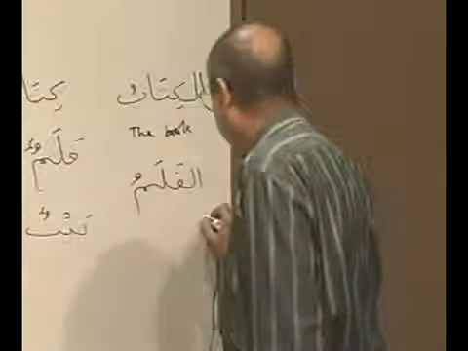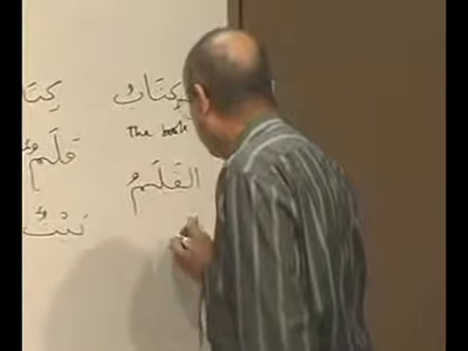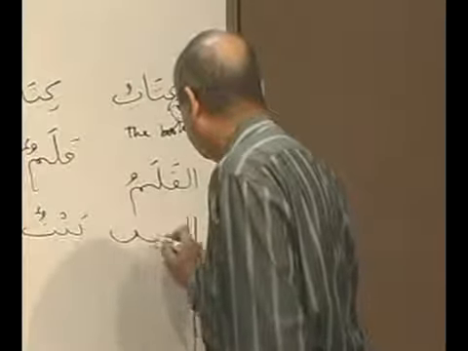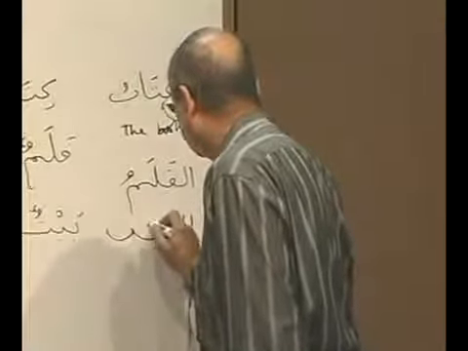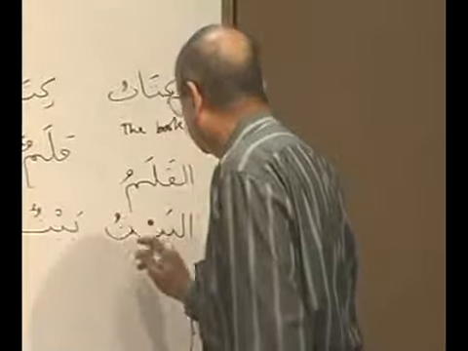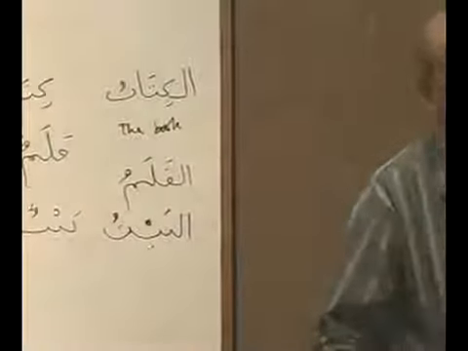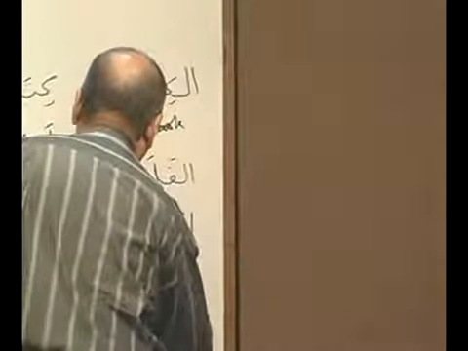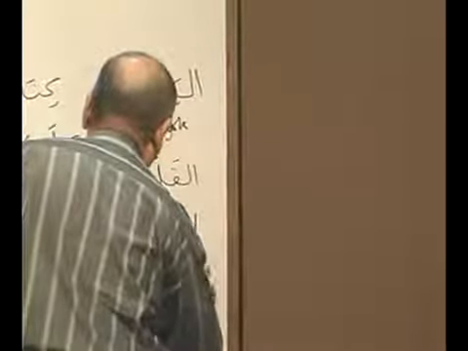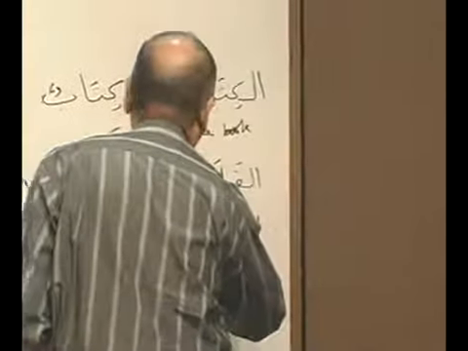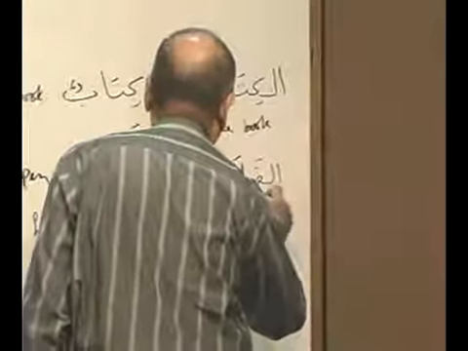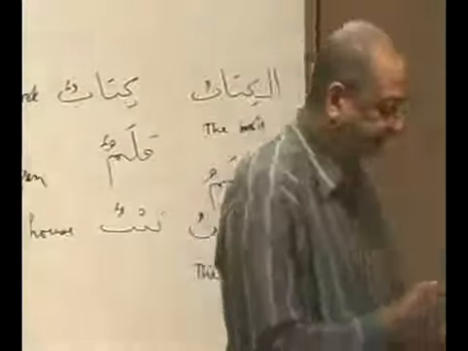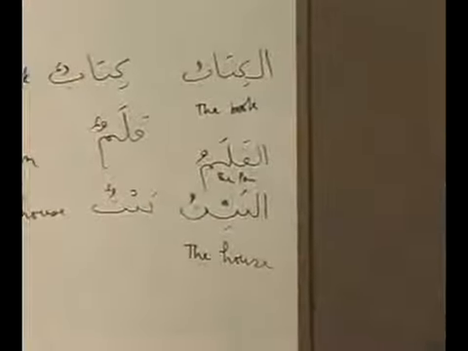And then here comes al-baytu. Instead of baytun, it became al-baytu, meaning the house. And I should write here the pen. Okay. Is it clear, brothers and sisters? Yes. Okay.